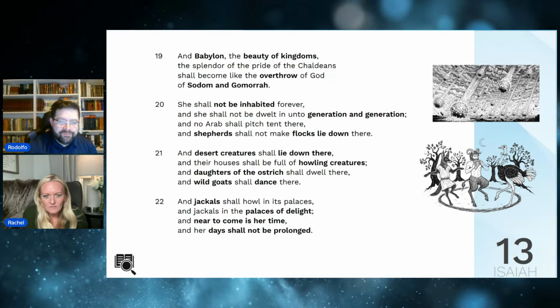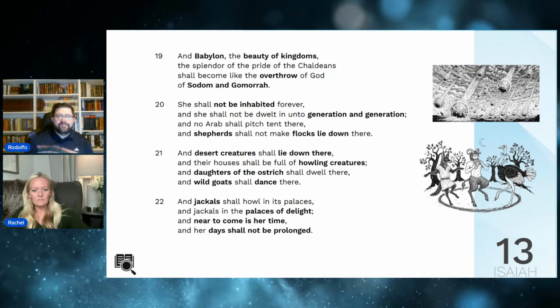And her days are no longer. The overthrow of Sodom and Gomorrah is interesting too, that plays into this. But I mean, this is really pointing to a final destruction of this Babylon system, the Babylon kingdom, right? Yeah, absolutely.